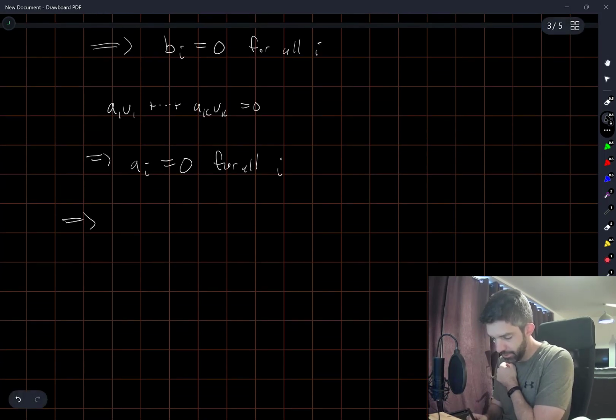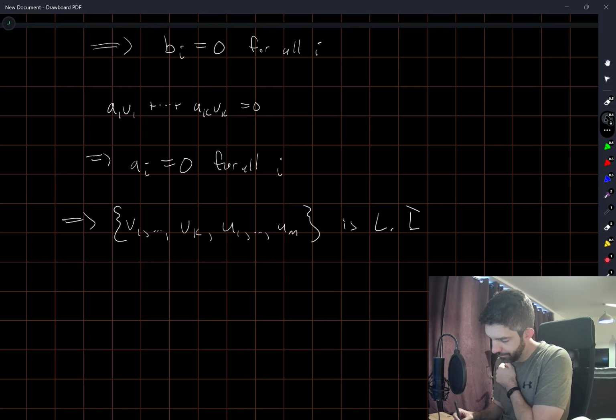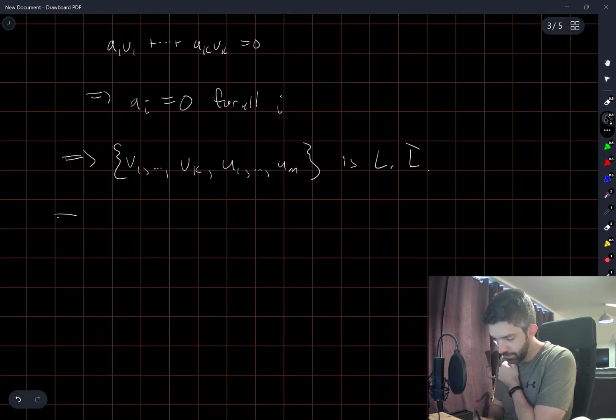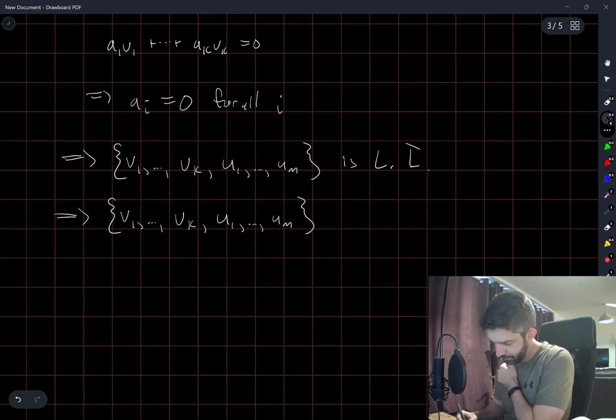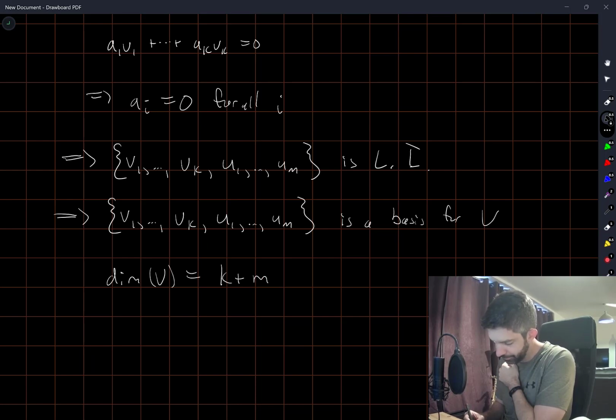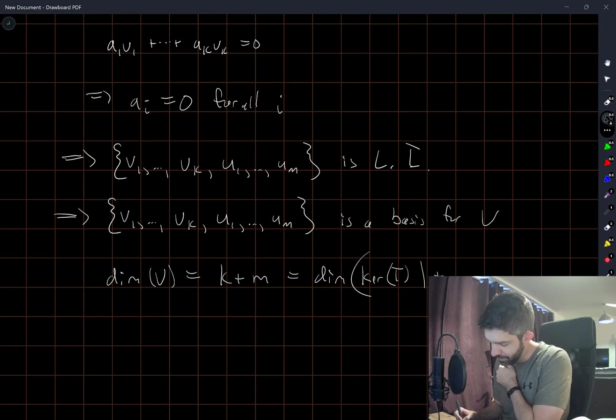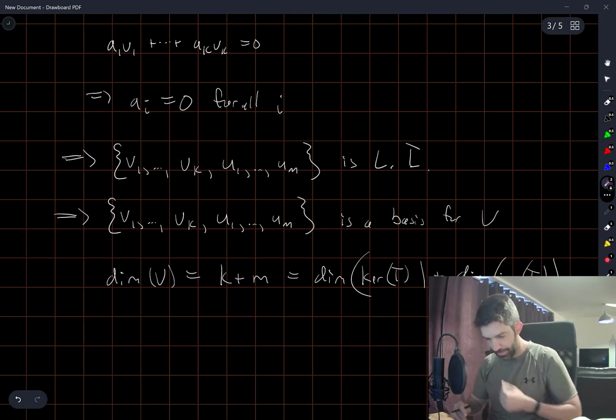So I have that my collection V1 up to VK and U1 up to UM is linearly independent, and the two statements together show that this is a basis for V. And that immediately means that the dimension of V is equal to K plus M, but K is the dimension of the kernel of T, and M is the dimension of the image of T. Okay, so we know that that equation up there holds.